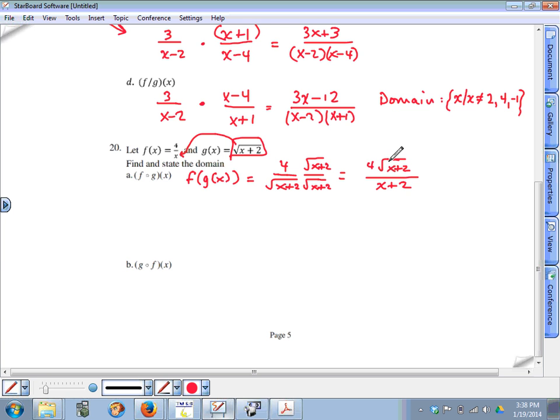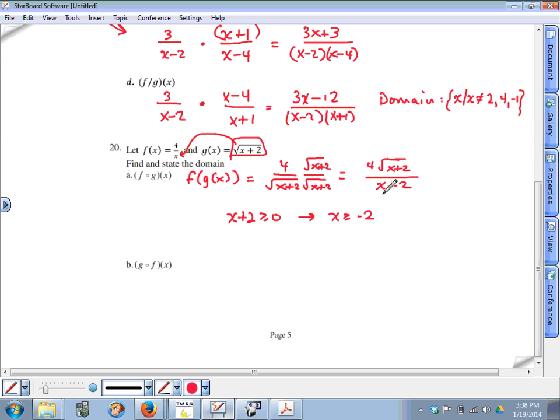But in the numerator, we also have a radical. So that also means that we can't take the square root of anything that's negative. So first focusing on the radical, in order to take the square root of x plus 2, x plus 2 has to be greater than or equal to 0, which means that x has to be greater than or equal to negative 2.